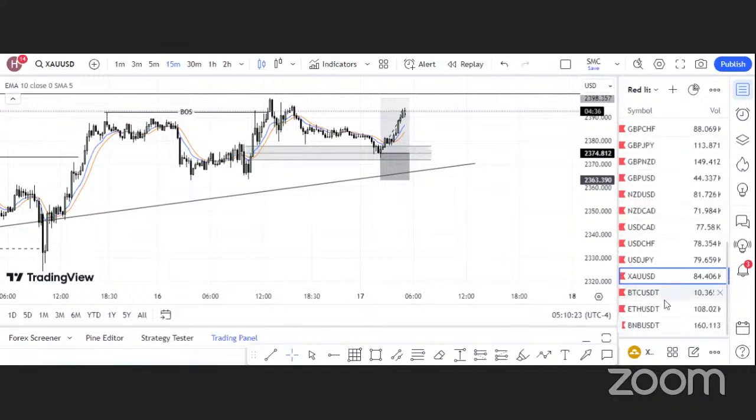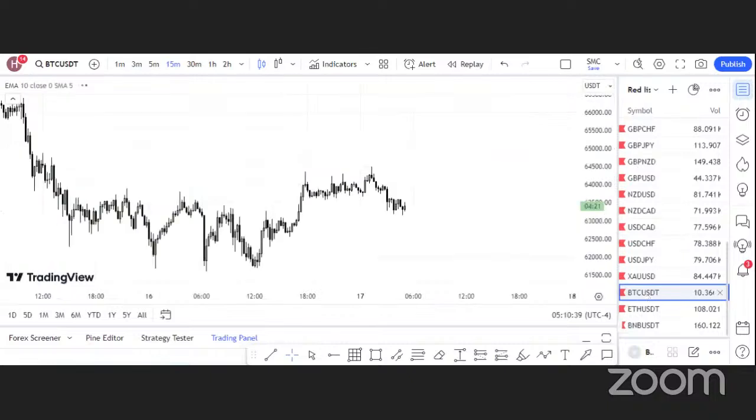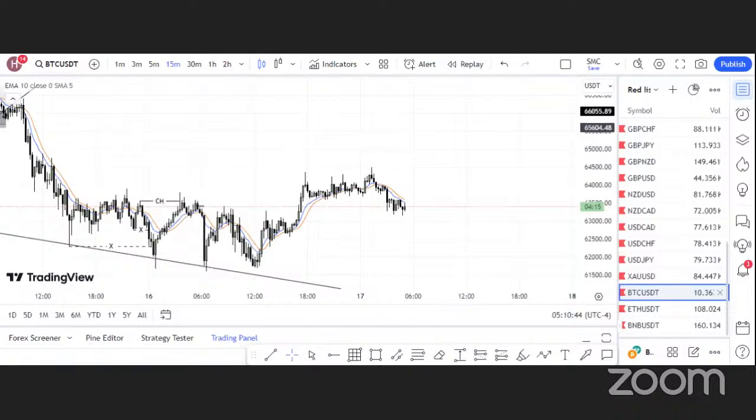All right, since we are already at this area, let's just continue to move downwards. Then after this, we go to the first instrument above. So let's make analysis on Ethereum USDT.